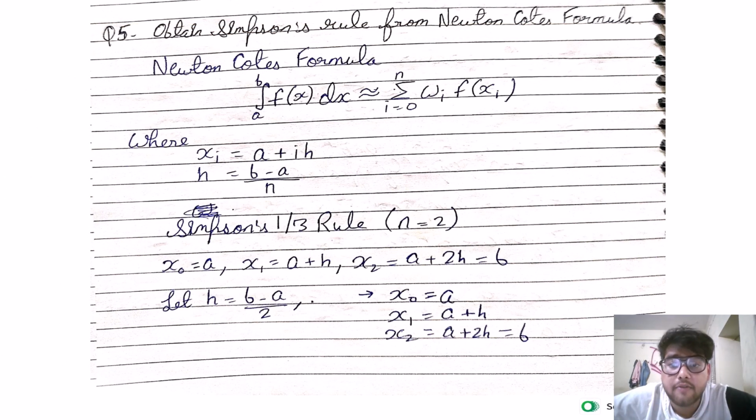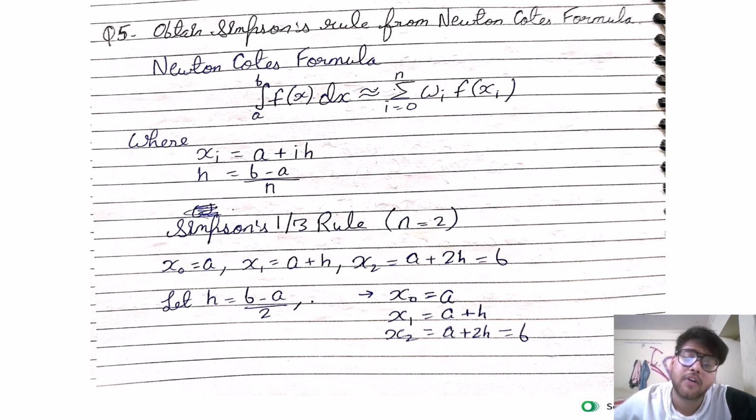In question number 5, we have to obtain Simpson's rule from the Newton-Cotes formula. So the Newton-Cotes formula that we also have seen in the previous question is the integration of f of x dx within the interval of a and b, which is approximately equal to the summation of wi f of xi from i equal to 0 to n, where xi is equal to a plus ih, h is the step size equal to (b minus a) upon n, and wi is the weight.